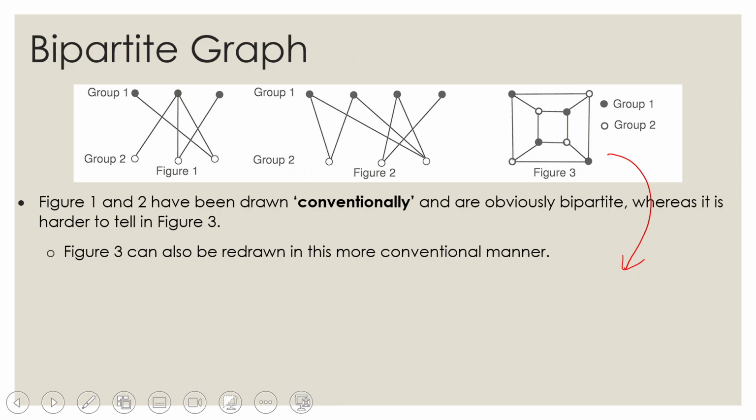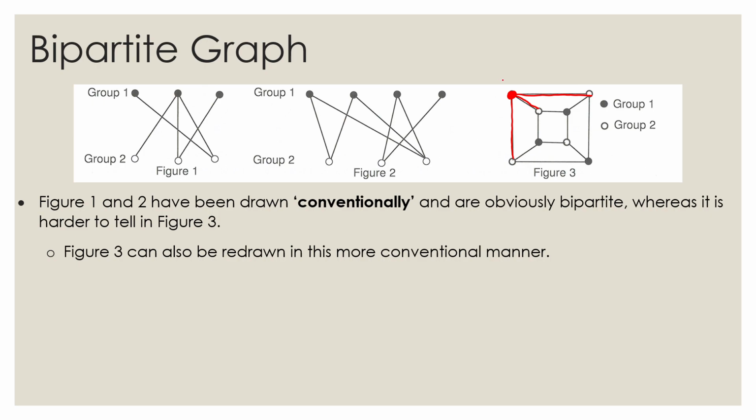There are a few options for how to do this. Number one, the color option is in fact quite good. We've got the dark circles and the light circles. Start with any point that you want, for example this one. Anything which is connected to this red dot must be in the opposite group.